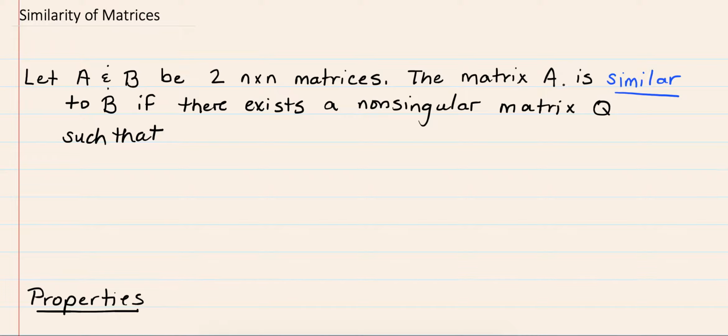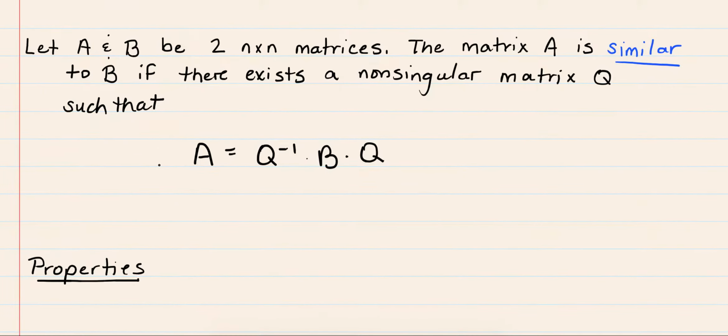We say that the matrix A is similar to B if there exists a non-singular matrix Q, that means an invertible matrix Q, such that A is equal to Q inverse times B times Q. So if you can find a matrix Q that's invertible and you multiply B by Q inverse on the left and Q on the right, and you get A, then we say these two matrices A and B are similar.